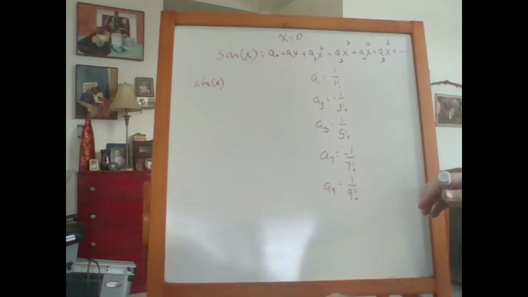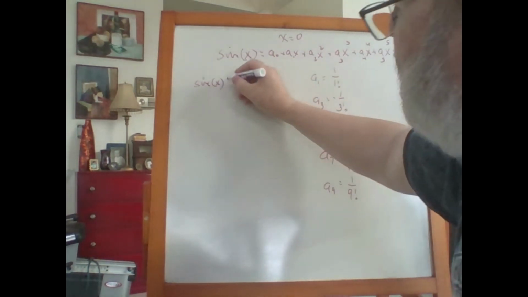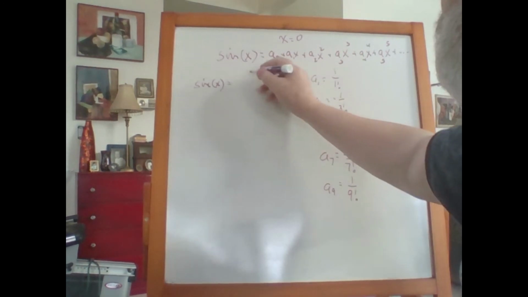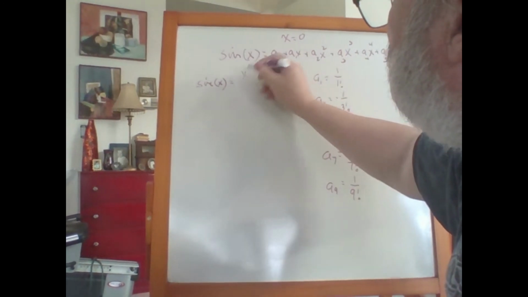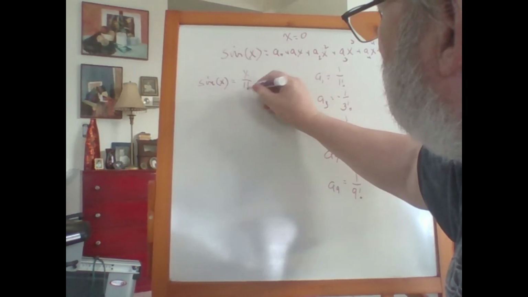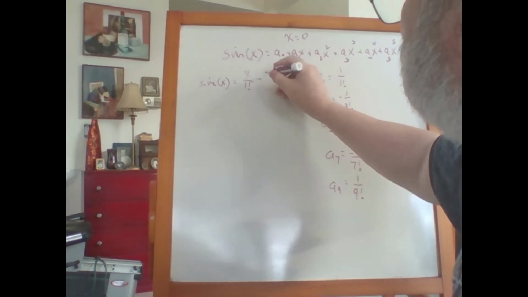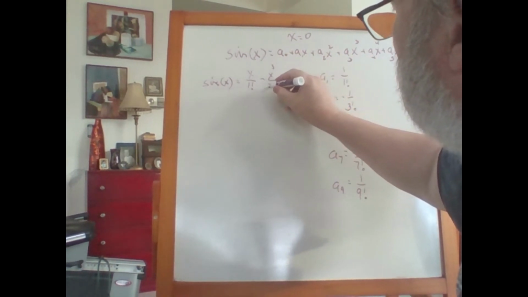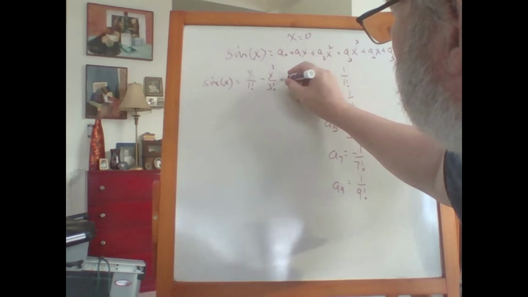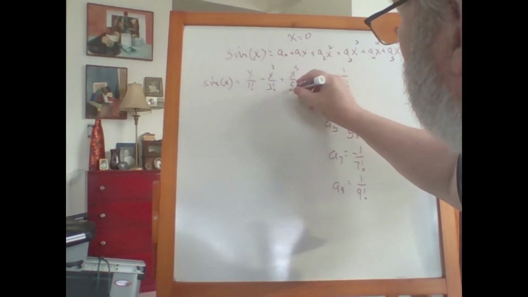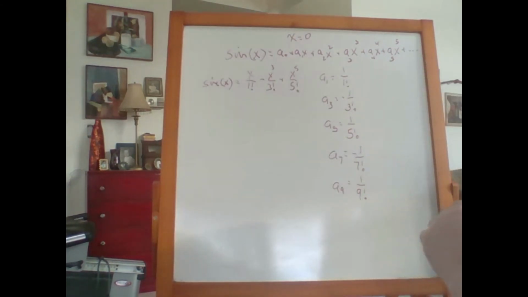And so let's write it out. A1 is, okay, so we got x over 1 factorial minus x to the third over 3 factorial plus x to the fifth over 5 factorial.